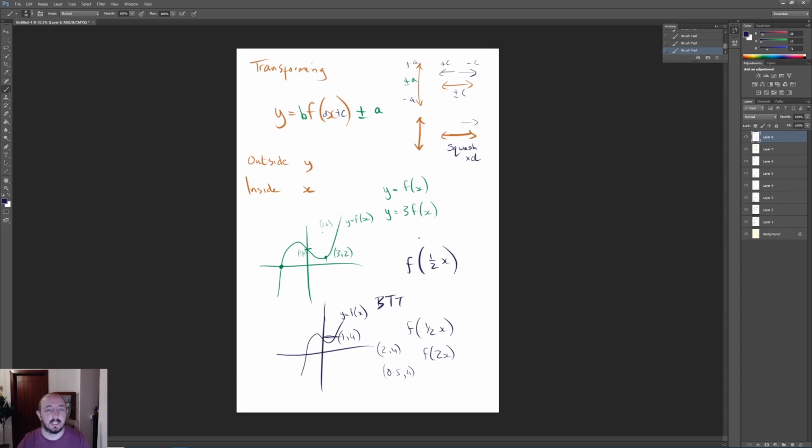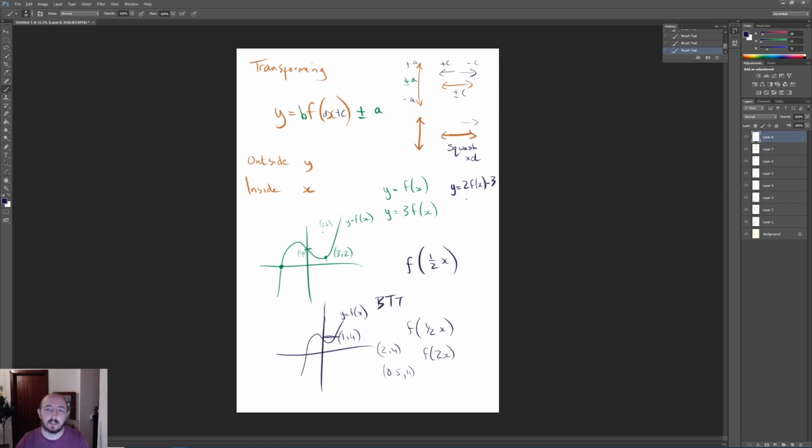Okay, in the exam they might do combinations of these things, so you might have like y equals 2 f of x minus 3, and it will say what happens to that graph. So we've got the minus 3 outside and the 2 is outside, so this is only going to be affecting the y values.